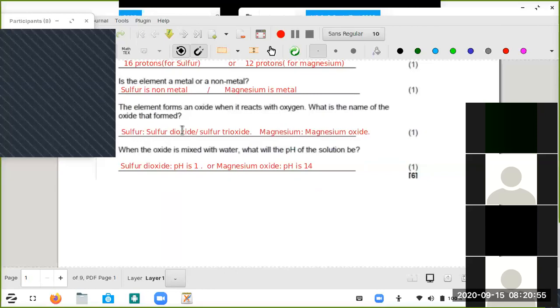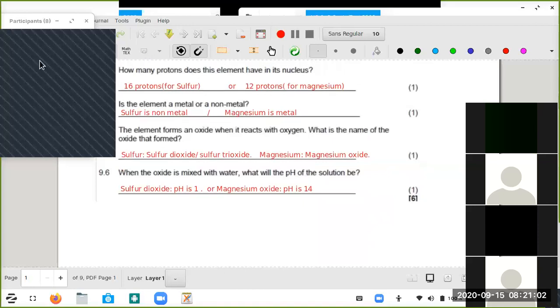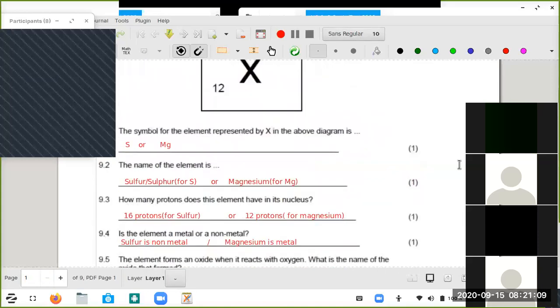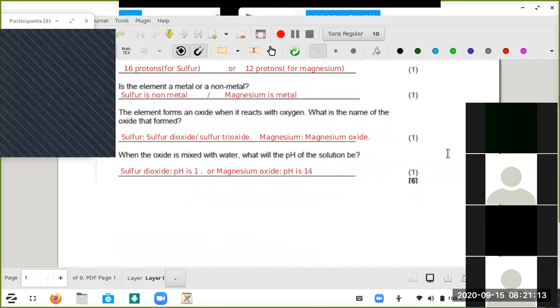Now, I was saying here it depends on our answer on 9.1, right? If our 9.1 was carbon, then carbon plus oxygen forms carbon dioxide, right? Then we also said if your answer to 9.1 was sulfur, the oxide that is going to be formed will be sulfur dioxide.